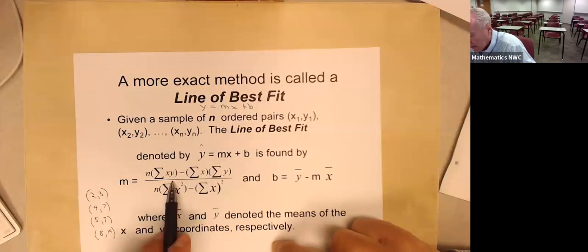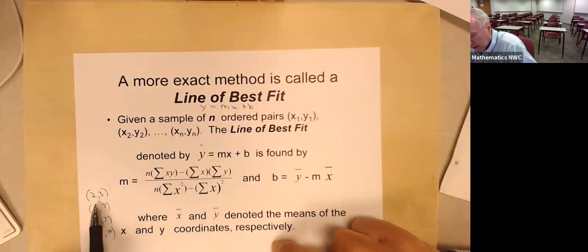Don't copy it down. You really do not want to use this formula. I just wanted you to see it. XY means I would multiply each x times its corresponding y. So this would have been 6, 28, 35, and I believe 112. Then I would add them all up.